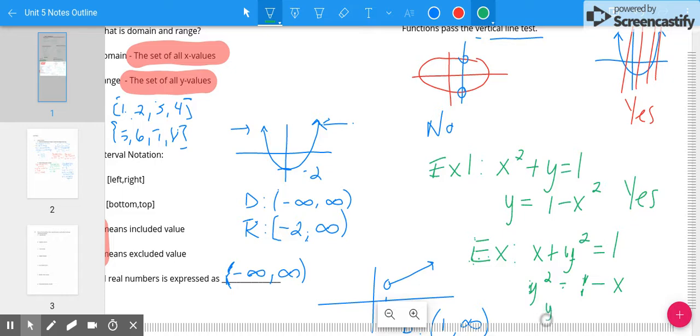So that means that the y values are going to be positive or negative square root of 1 minus x. And that's a problem for us because that graph is going to look something like this. It's going to be like a C shape. And obviously in this case, we're going to have something above the axis as well as below the x-axis, so it's not going to pass the vertical line test. So this one would be a no.